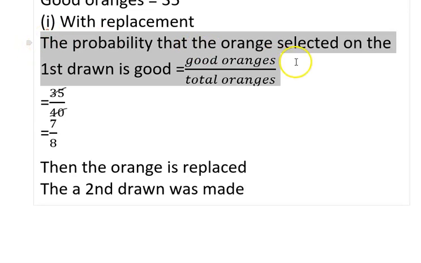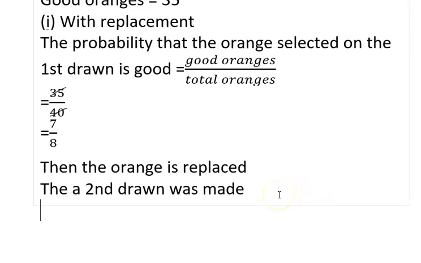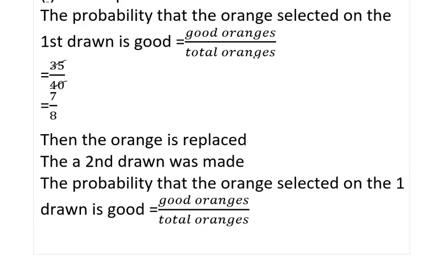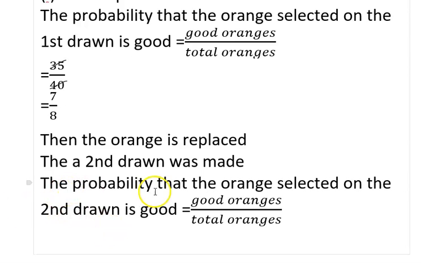So the probability that the orange selected on the second draw is good. So we have good oranges over total oranges. Because it was actually replaced, that means all the number of the oranges will still be complete. So we still have the same issue that we have here.